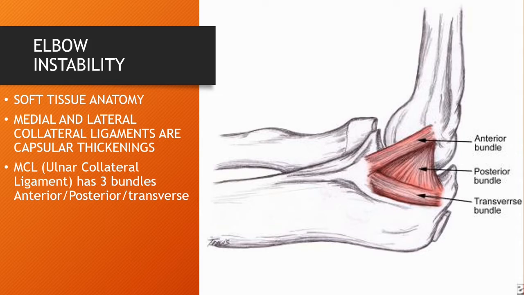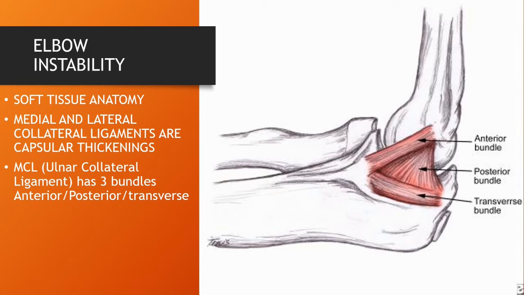Okay, so those are some of the bony buttresses and bony contributors to the stability of the elbow. Let's talk now about some of the ligamentous and soft tissue stabilizers of the elbow. And for soft tissue stabilizers, we're going to have both static and dynamic stabilizing structures. The static structures mostly being represented by the capsule and the periarticular ligaments.